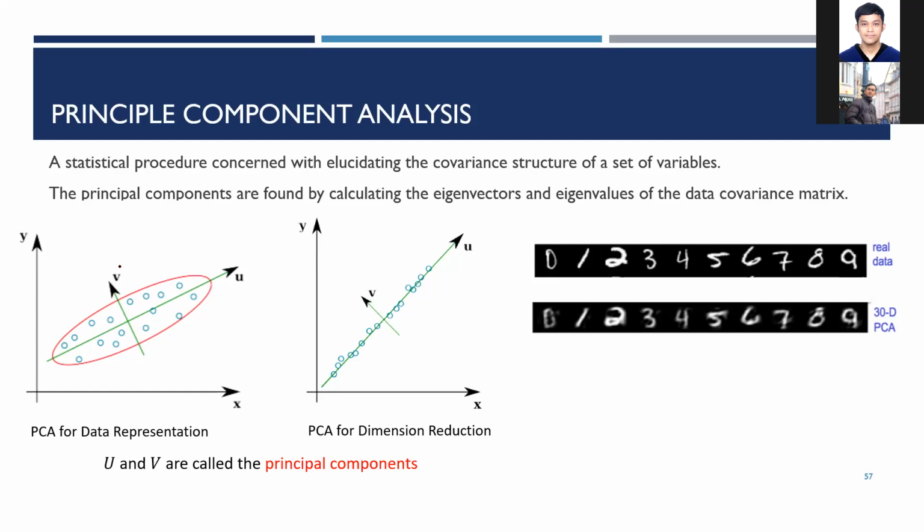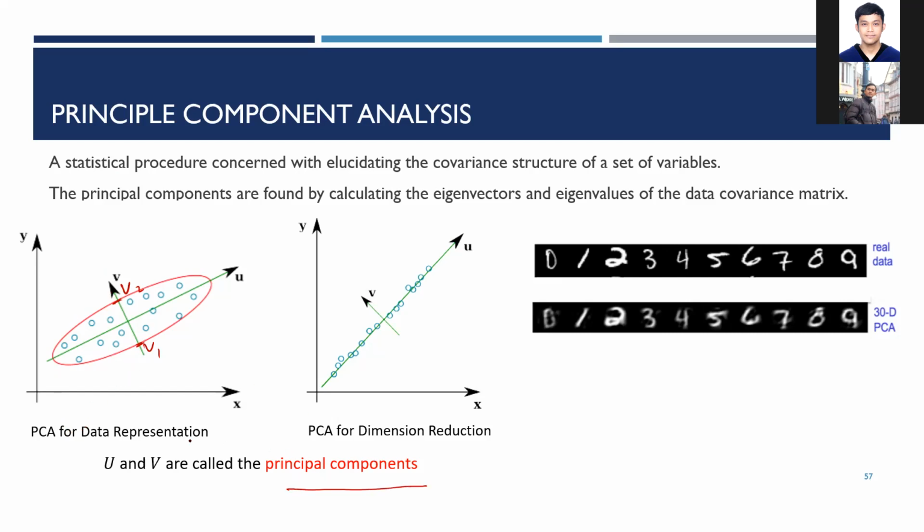For example, in the left picture, the data has two dimensions, X and Y. We have the directions U and V. We see the range of the data in terms of U, from here to here. PCA will choose principal components.